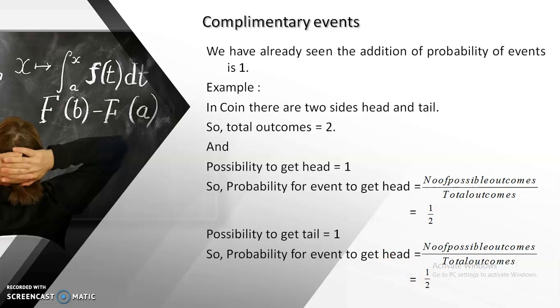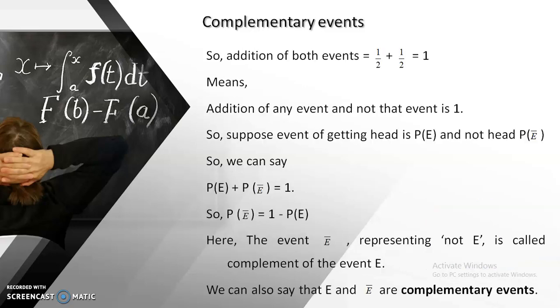Tail means not head. So the addition of both events, or the addition of an event and not that event, is 1.